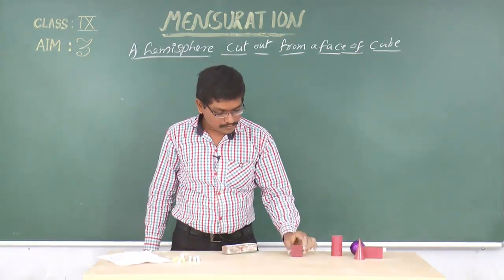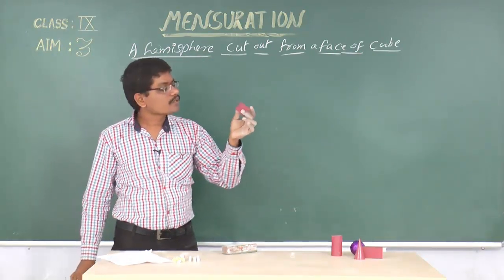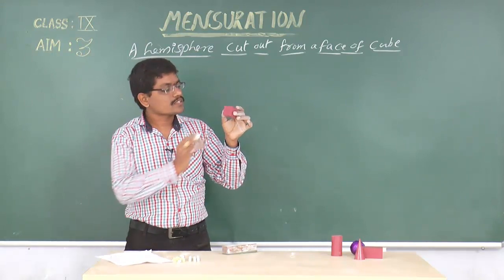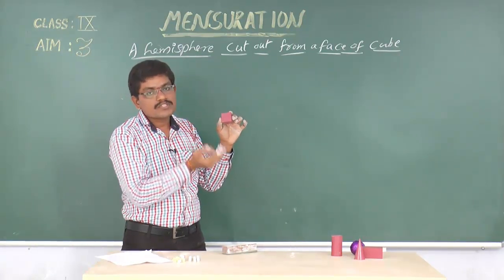So if I take this cube, from this one of the faces we are cutting out one hemisphere.